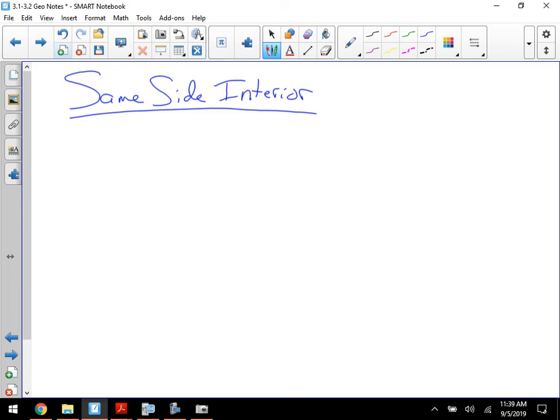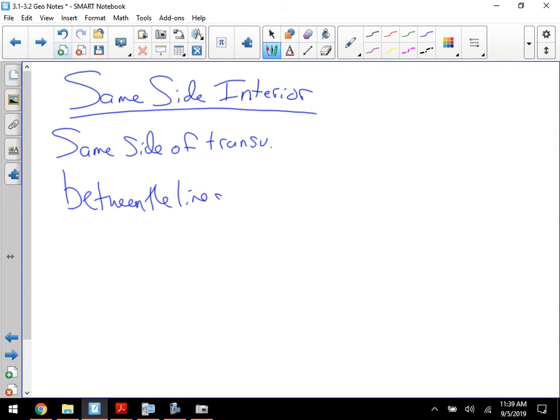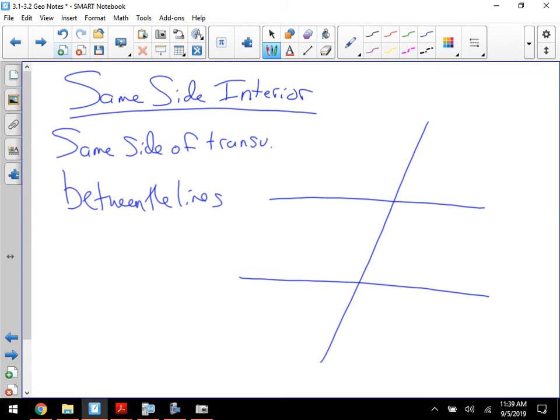Same side of the transversal, between the lines. This one's a little bit different. That's these two guys here, X and Y. They're not necessarily the same angle.